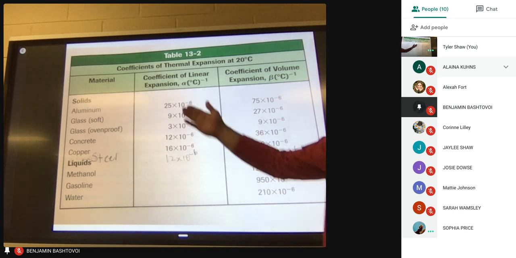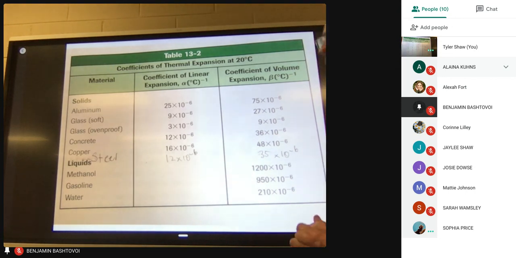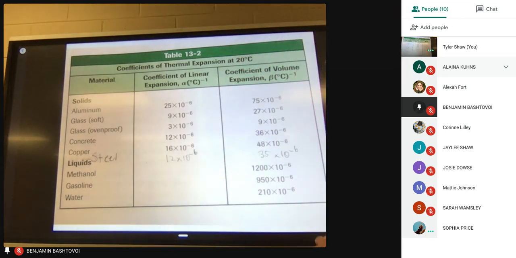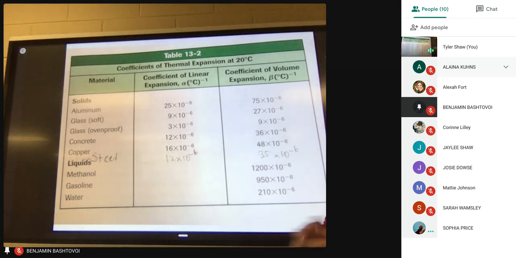So, for example, aluminum would expand more than oven-proof glass. Notice that you have soft glass and you have oven-proof glass. With oven-proof glass, you don't want it to expand that much. If you're cooking something like a casserole in oven-proof glass, they usually call that borosilicate, or it has the trade name Pyrex.